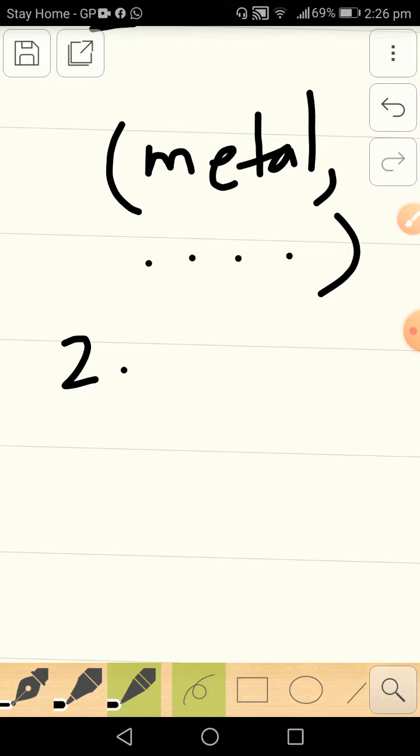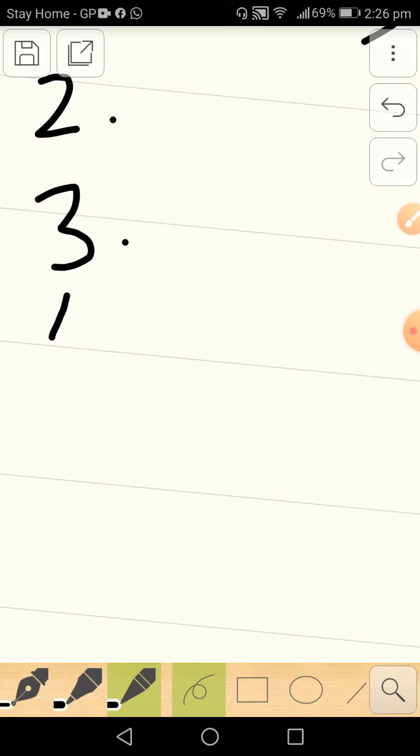Okay. So, this is point number 2. Now, let us go to point number 3. Filter out the unreacted solids. Number 4, the solution that remains now contains the soluble salt.